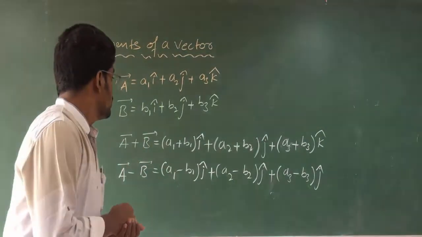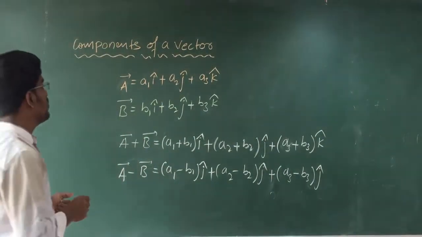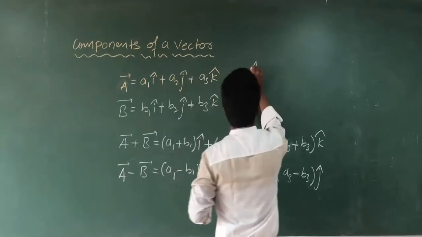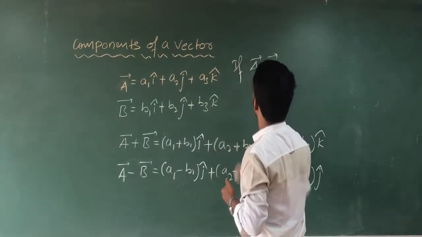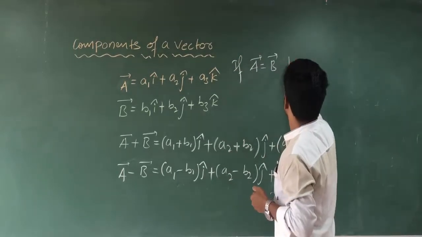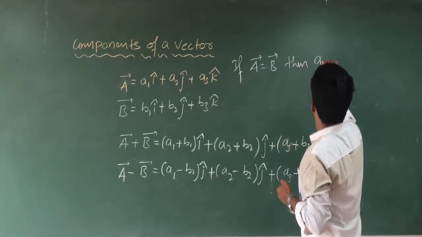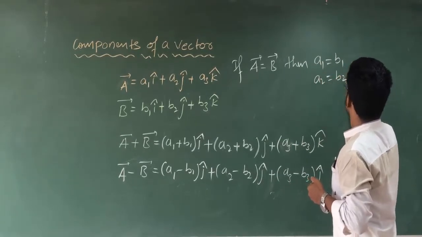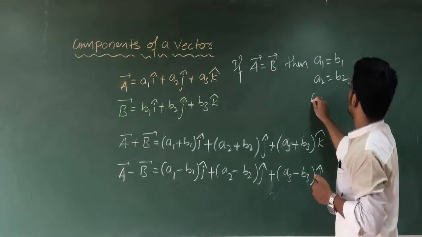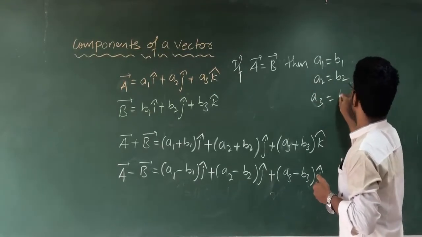Clear? Now if I want to say vector A is equal to vector B, then A1 must be equal to B1, A2 must be equal to B2, A3 must be equal to B3.